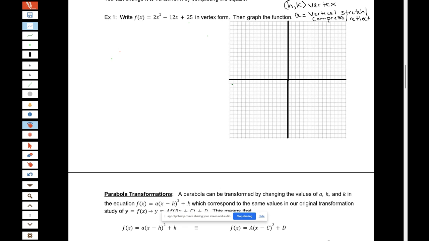So the first thing I'm going to do is get it equal to 0. I'm going to move that 25 over to the other side. And I'm going to factor out a greatest common factor so that my leading coefficient is 1.